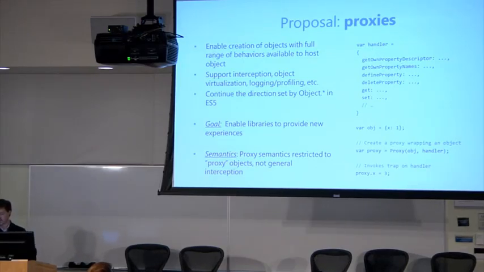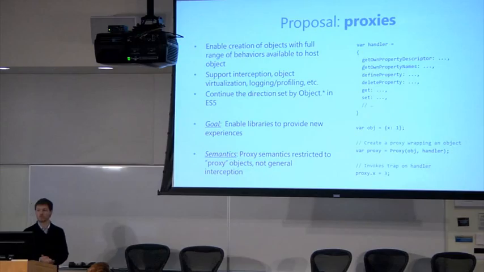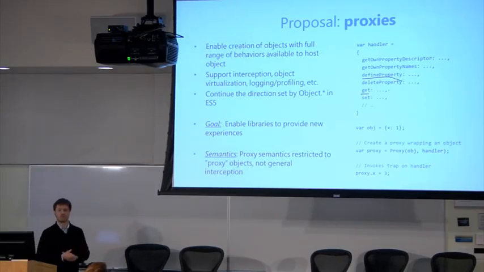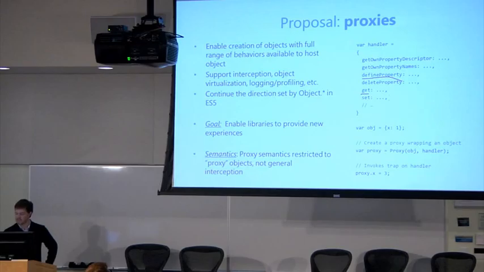So with proxies, we can create these handler objects, which define a set of meta operations that you can do on an object. So I can do things like get a property of an object, or define a property of an object. And once I've defined a handler that describes how each of these operations happens, I can create a proxy over an object using that handler.